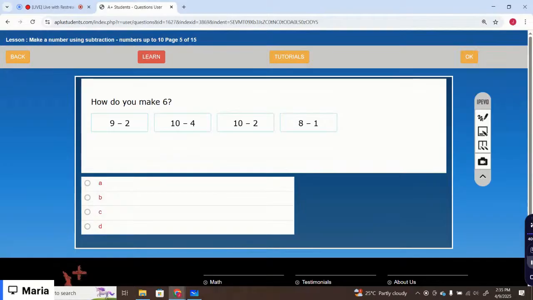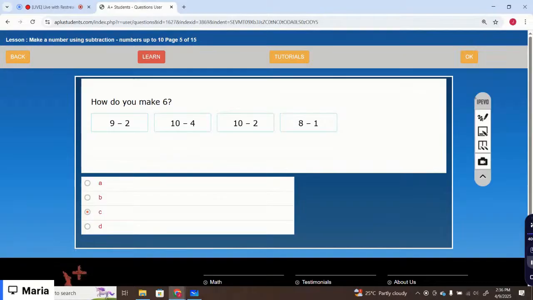How do you make 6, which is the correct option? That is 10 take away 4.